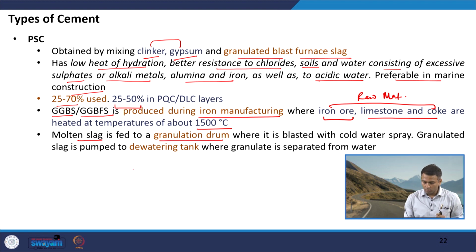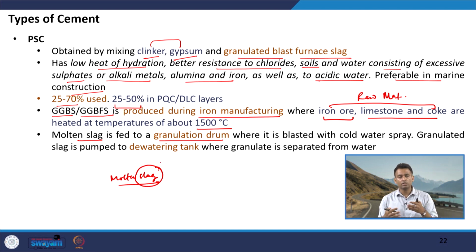So, we will get molten slag. This molten slag is the waste material which generates during the process of heating iron ore, limestone and coke. One part will produce your pig iron and the other part, which is the slag, will deposit at the bottom of the furnace, and that is the molten slag.